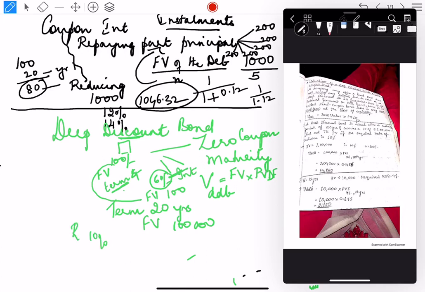So according to our formula, present value is face value into present value discount factor. Below F, you have a small i, you have a small n. i represents the required rate of return, and n obviously would represent the number of years.